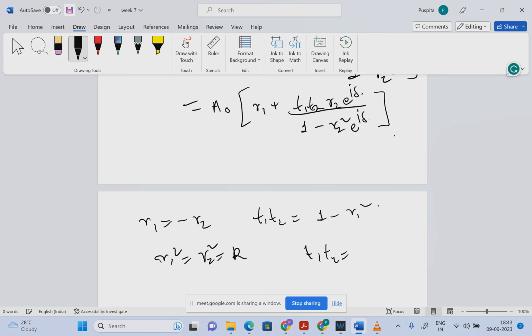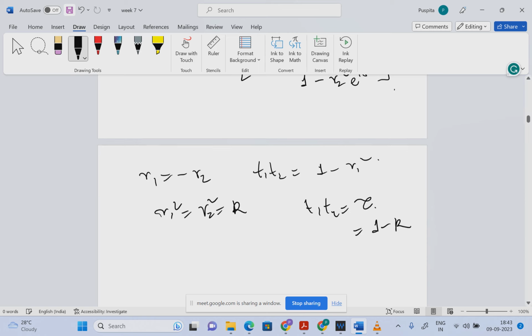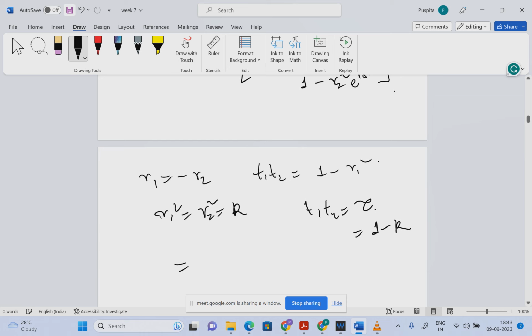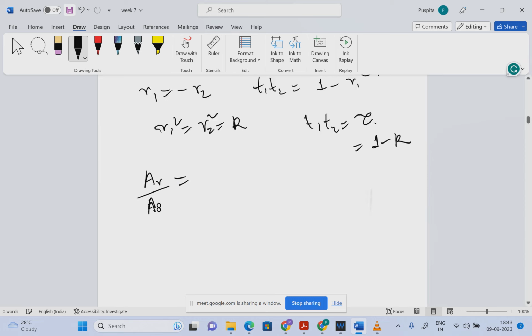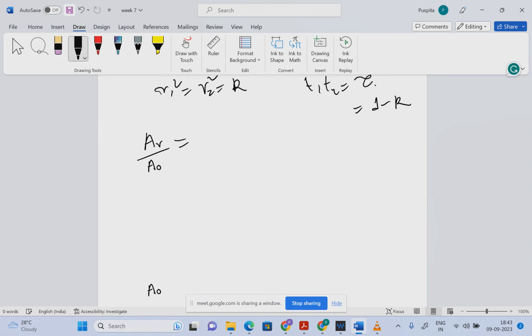T1 T2 can be written as tau, so tau is equal to 1 minus R. Putting those values, we get AR by A naught equal to R1 times 1 minus e to the power i delta by 1 minus R e to the power i delta.